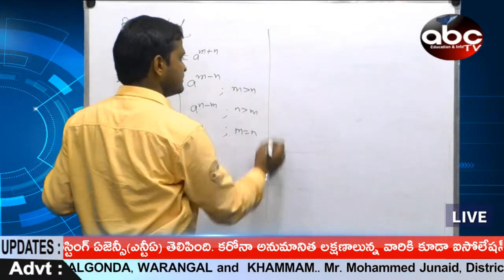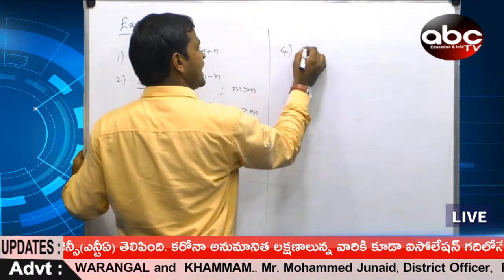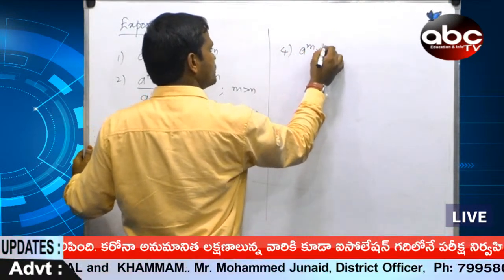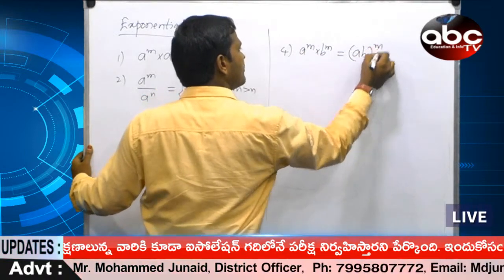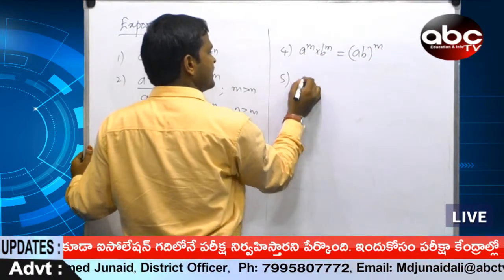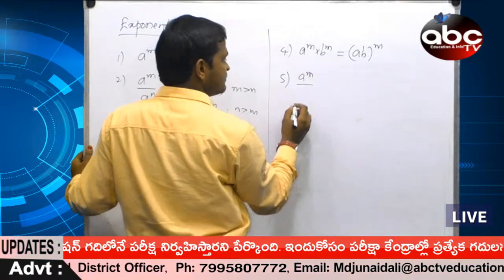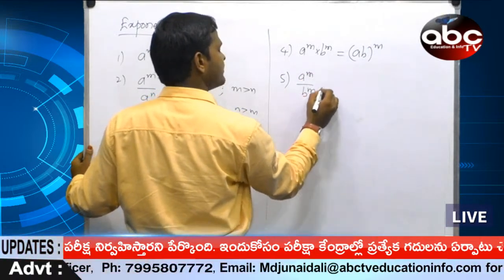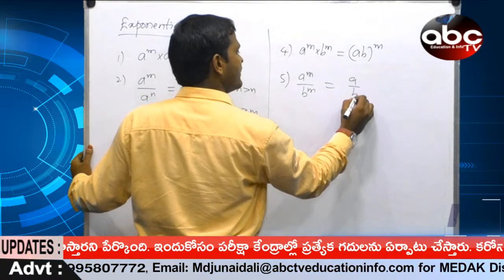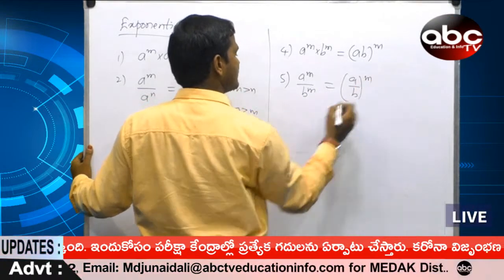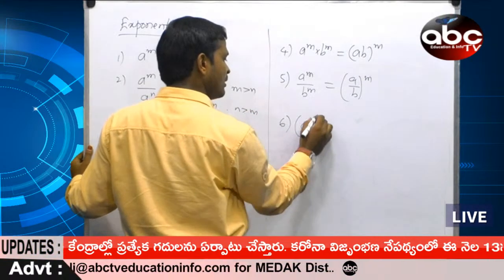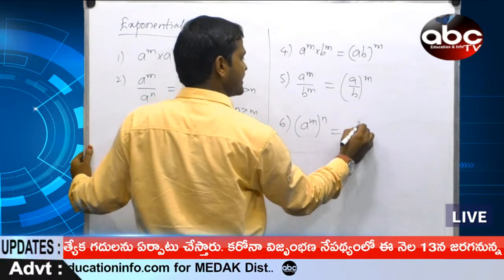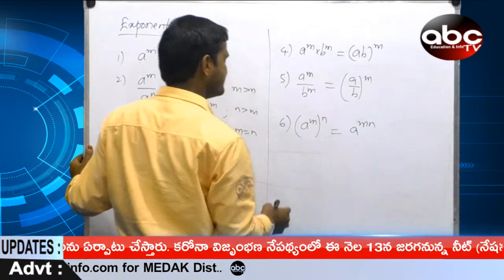Then next, a power m into b power m is equal to (ab) whole power m. A power m divided by b power m is (a by b) whole power m. Next, (a power m) whole power n is equal to a power mn.